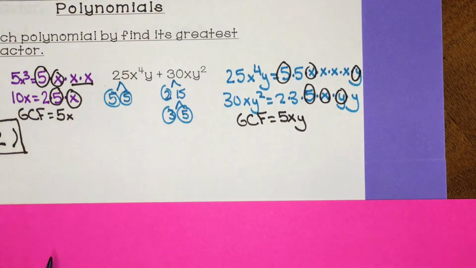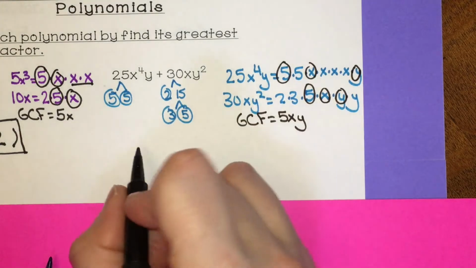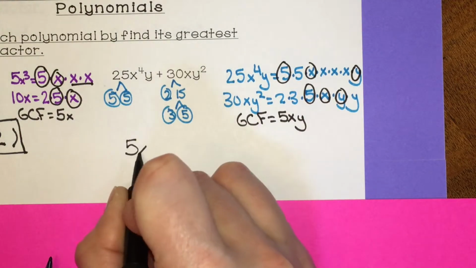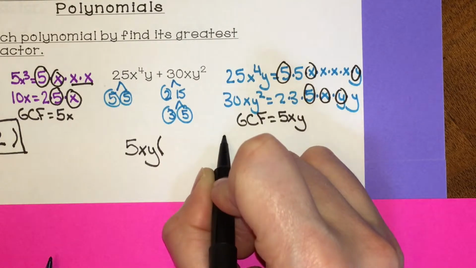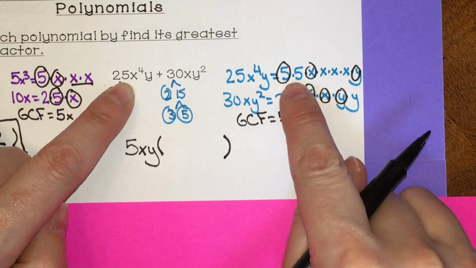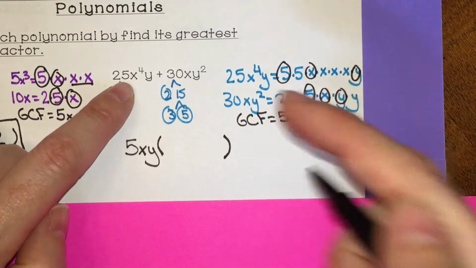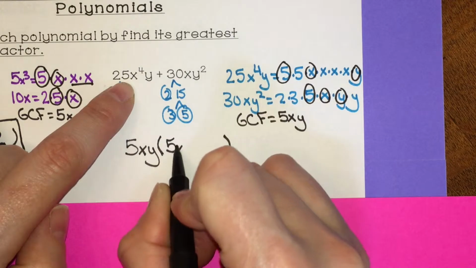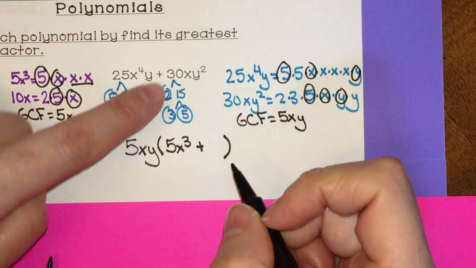That's what I'm going to factor out. So remember, reverse of the distributive property. We have a 5xy, and we're going to multiply it by what's left over. In this first term, I have 5 times x times x times x, which is just 5x cubed. I have to bring down the plus that's in between.